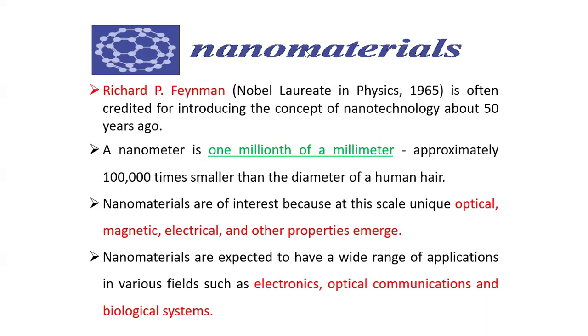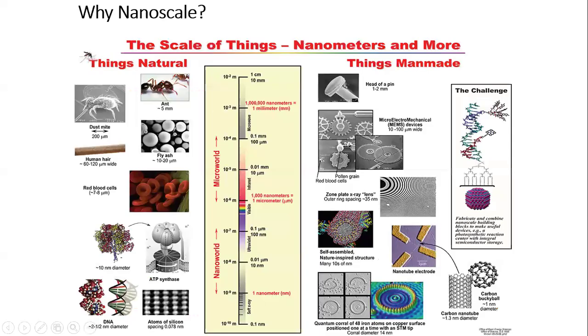Let us compare the size of a micrometer size, a millimeter size, and a nanometer size. We can see from the slide the various objects like the head of a pin. These all are having millimeter size.